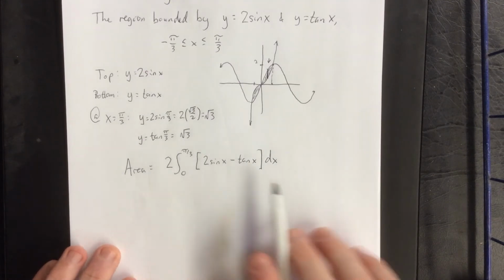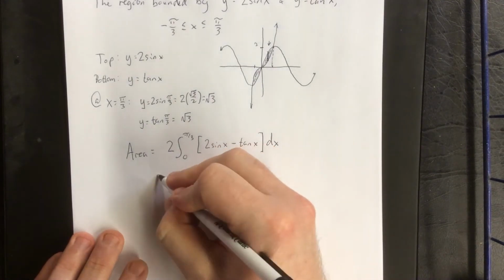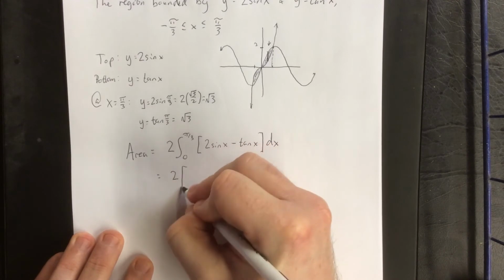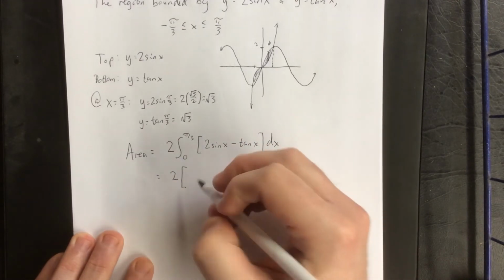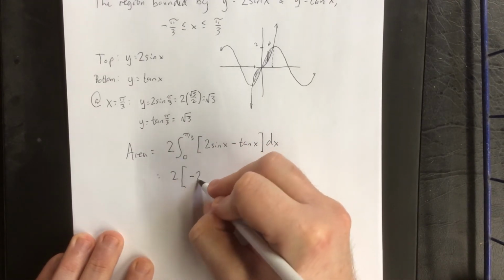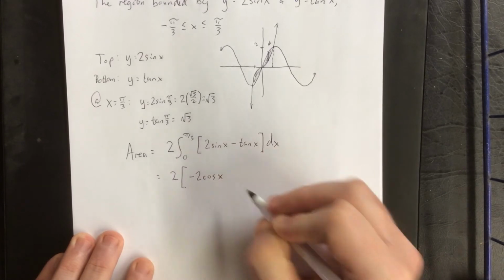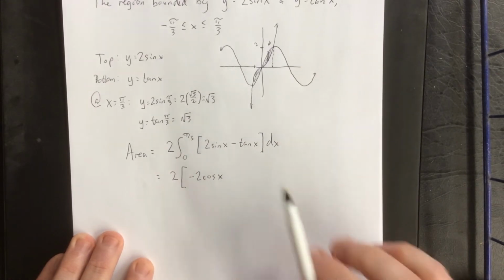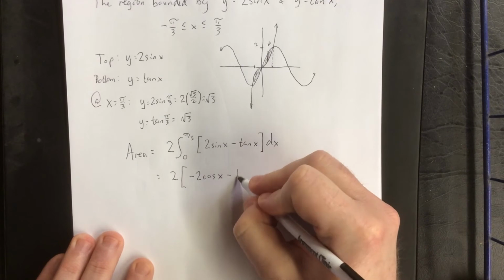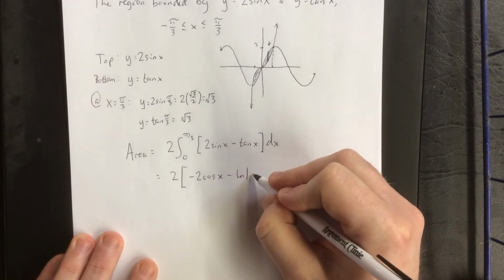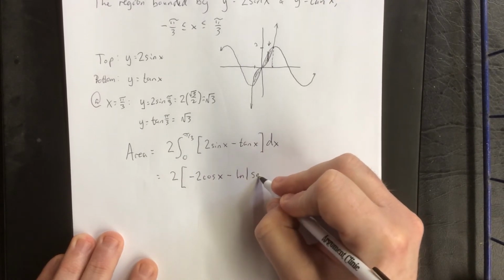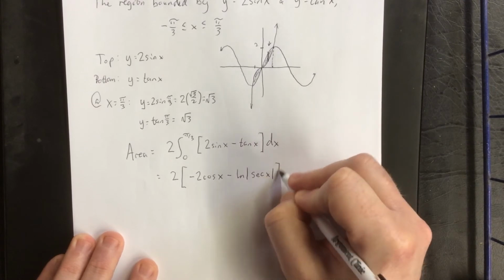Now, each of these can be integrated directly, which we will do. 2 times the sine of x will become negative 2 times the cosine of x. In a previous video, we were able to show that the antiderivative of the tangent of x is the natural log of the absolute value of the secant of x.